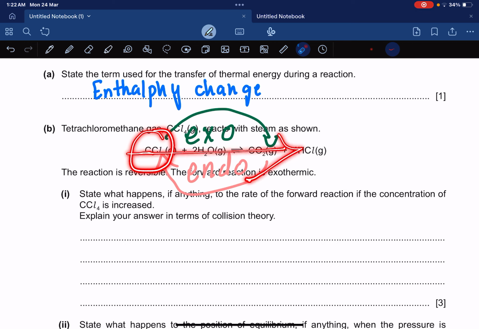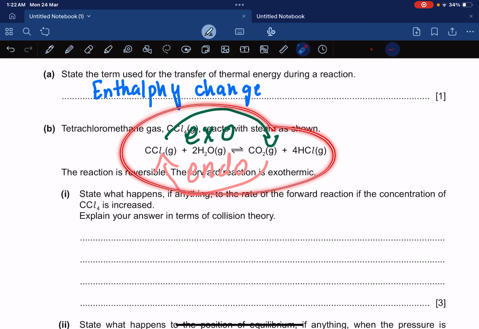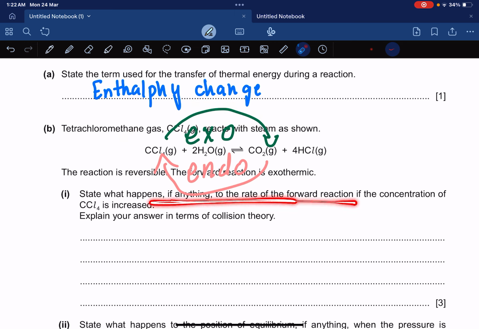It moves towards the forward side to lower the concentration, to reverse the change. Now what they're asking about is not the position of the equilibrium. That is to be kept in mind. That was what I explained to you about the equilibrium. They're asking about, if anything, the rate of the forward reaction.